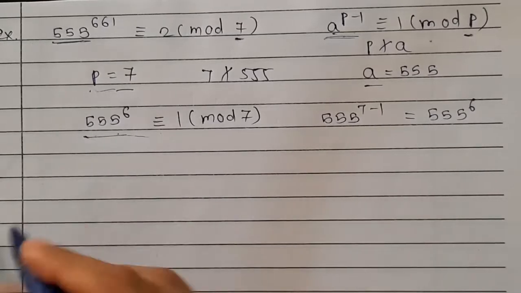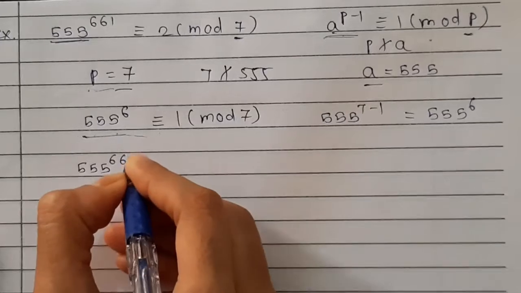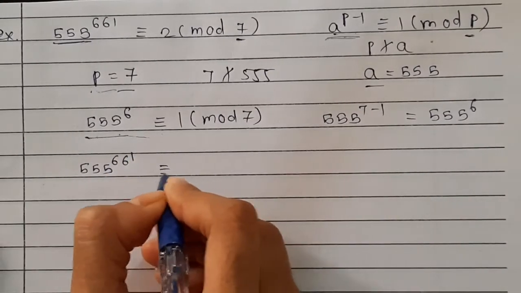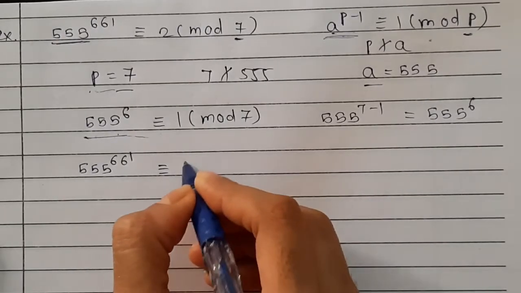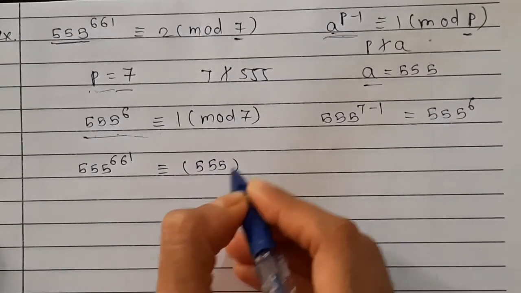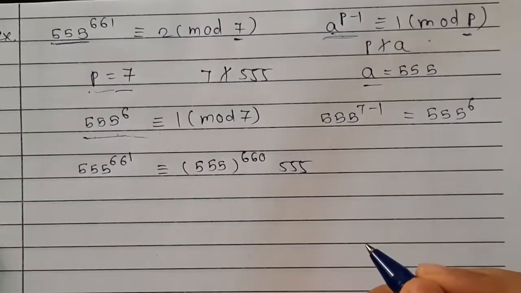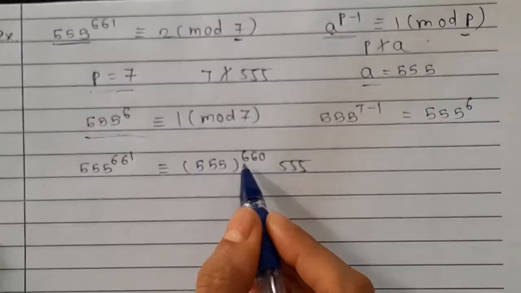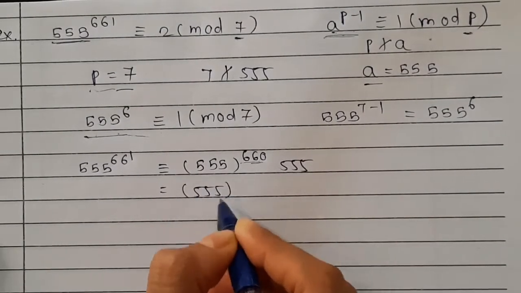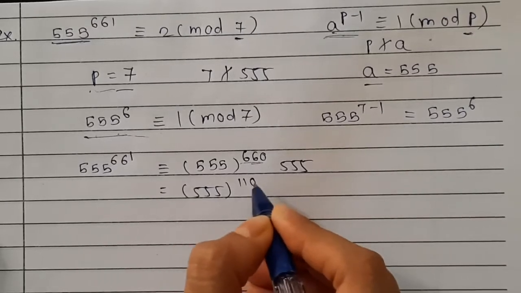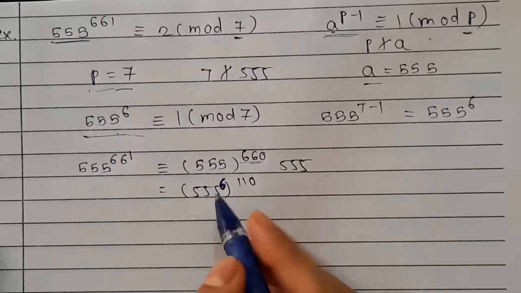Our next step is 555 raised to 661. How do we write this? We factorize this as 555 raised to 660 into 555. For this 660 again we write 555 raised to 6, the whole raised to 110.